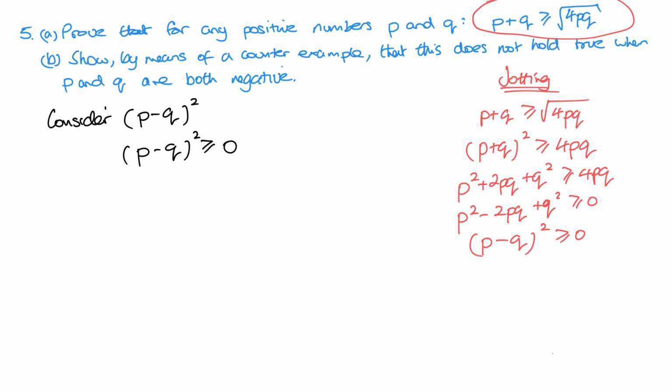You can put that in, I'm not going to bother this time, but it's now just a matter of going in reverse. So p minus q all squared, when I expand it, gives me p squared minus 2pq plus q squared. And then we obviously want to add 4pq.